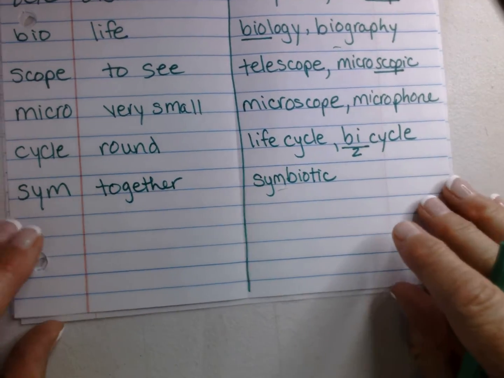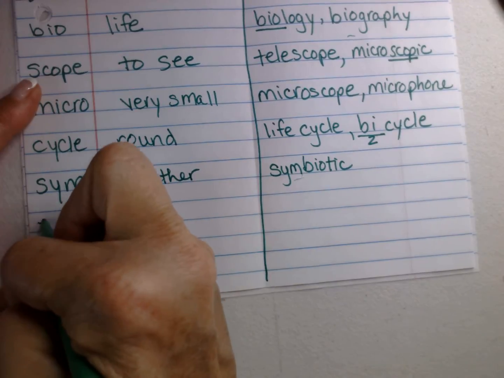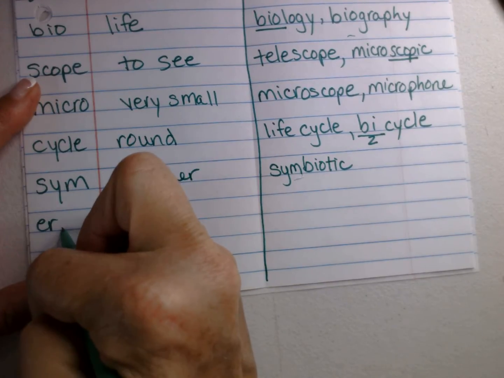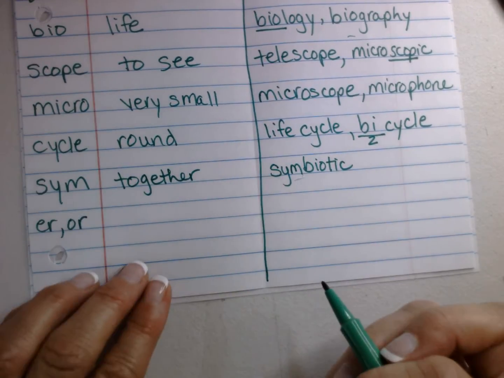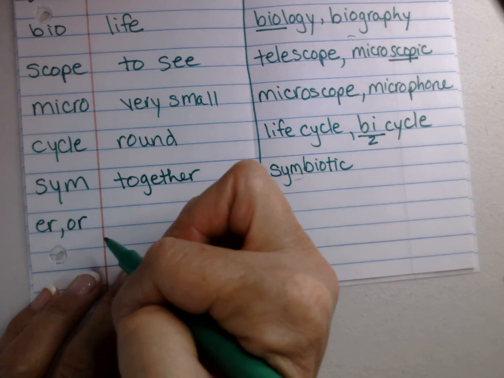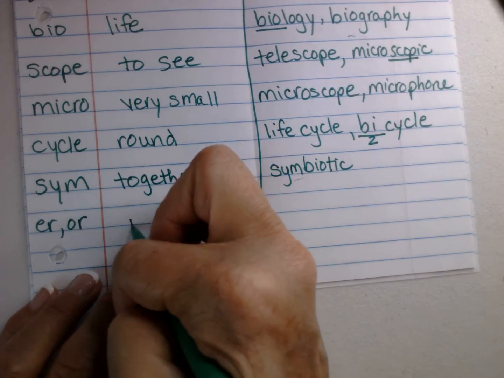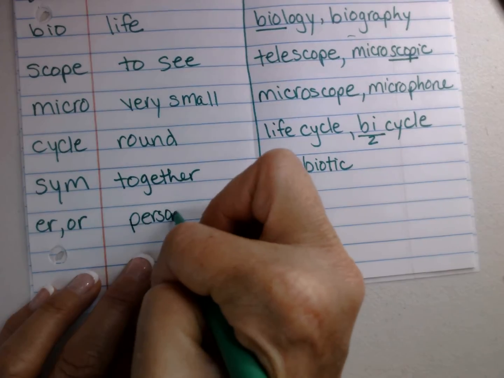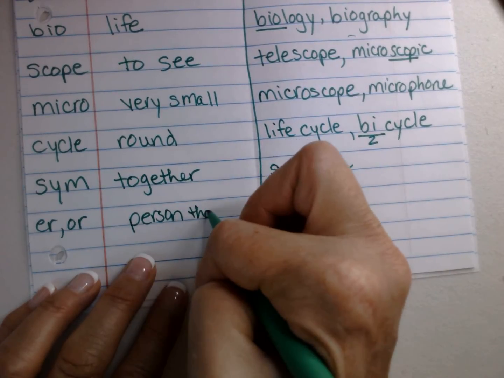Oh, I know. We talked about the suffix, adding the suffix er or or to a verb. And so that is going to mean that it's the person that does the job.